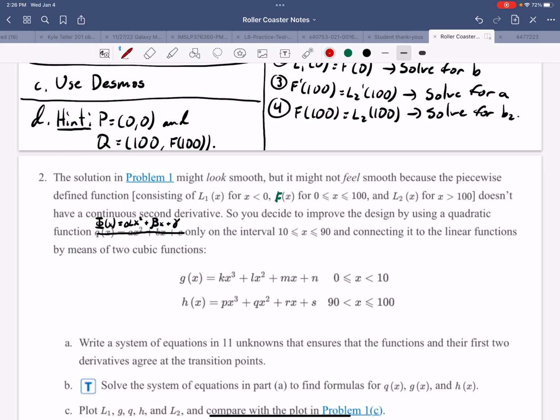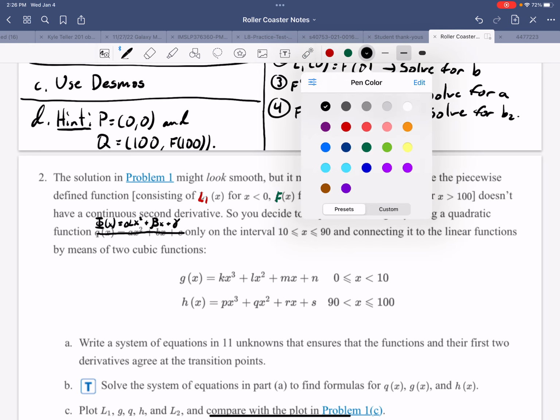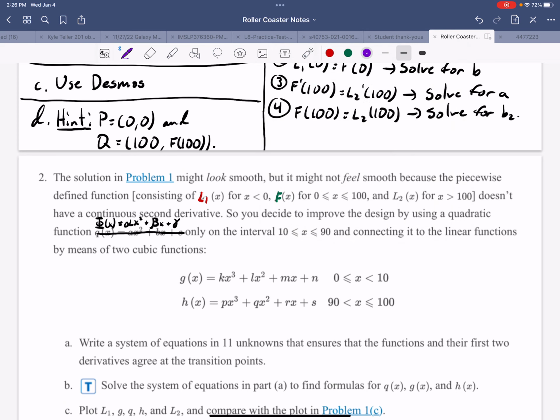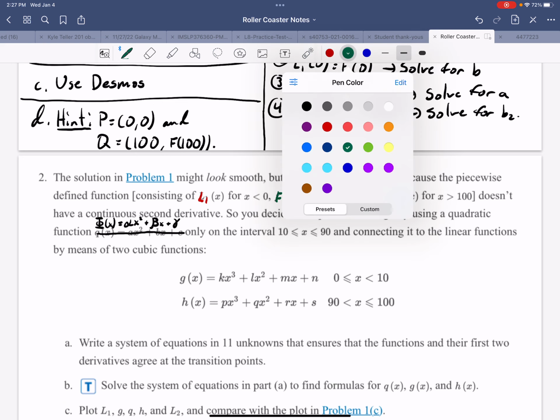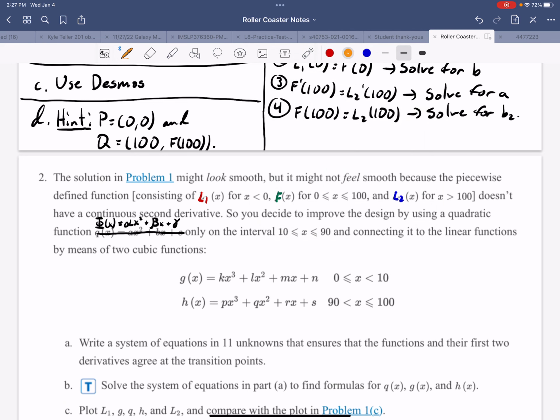So now let's see what we're working with. We're still working with L1 and L2 as before. I'll keep L2 blue. Okay. So what we're going to do now is introduce two new functions, g and h. As before, I want to make them capital.